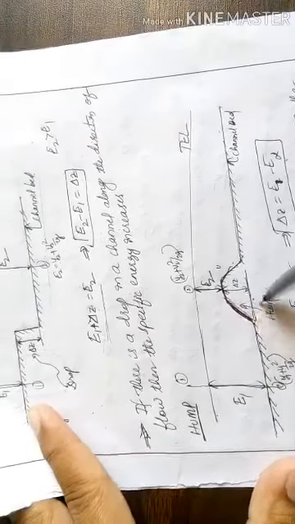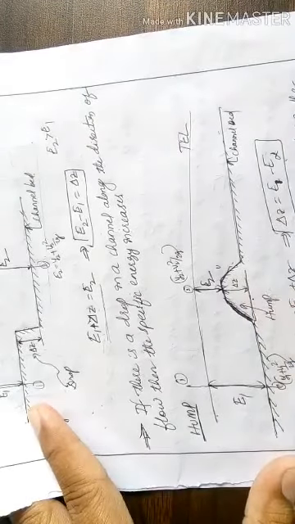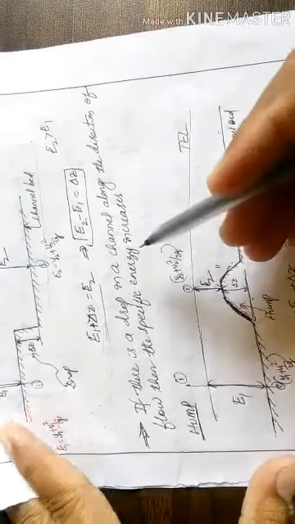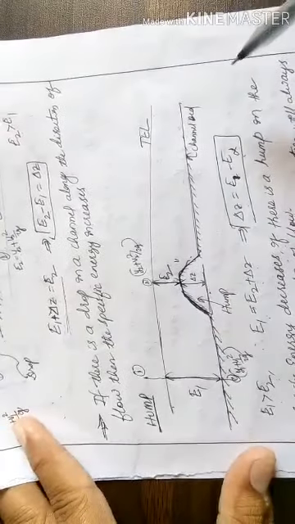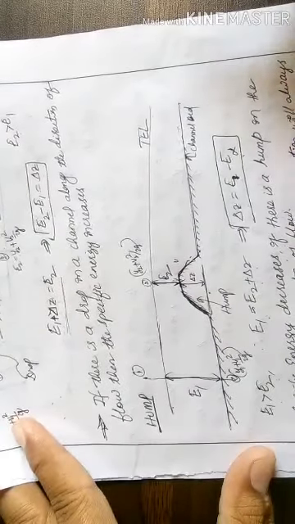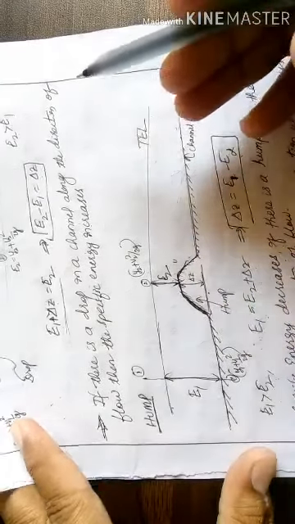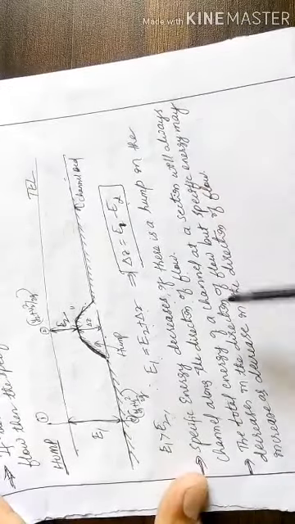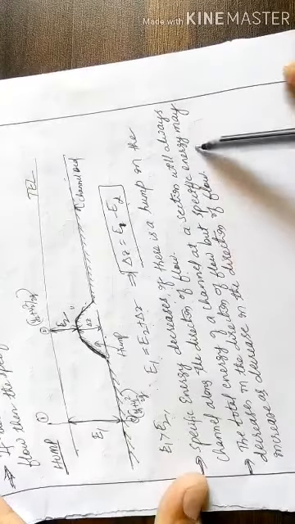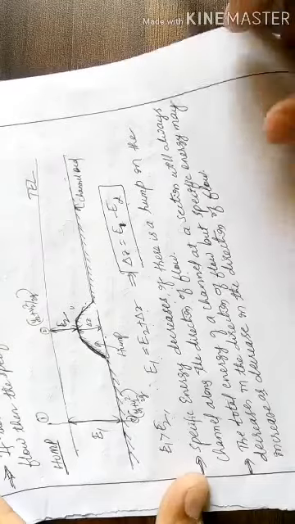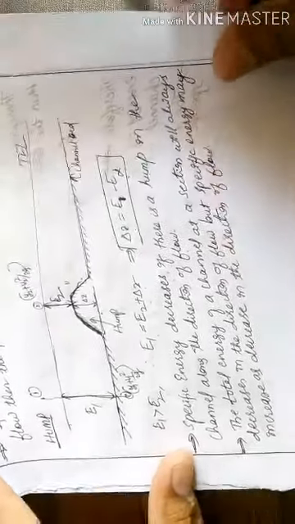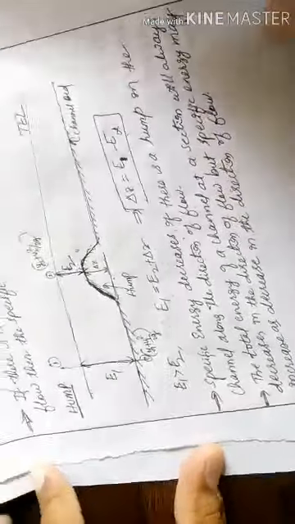So like this, if you get any hump or a drop, when a drop comes, the energy may increase at a section. If a hump comes, again the energy may decrease. So the total energy always decreases in the direction of flow, but the specific energy may increase or decrease. This is the concept of hump and drop.